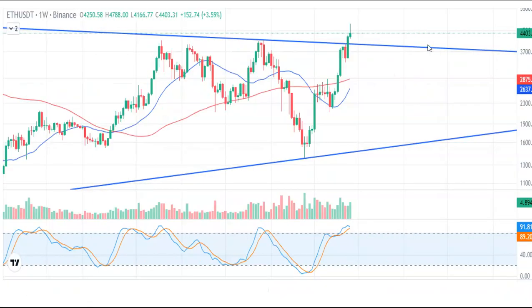This is bullish. This is the weekly chart for Ethereum. I'm recording this video on Saturday, so I believe we still have Sunday. Probably this candle may change a little bit, but anyway, there was some kind of inside bar within a rising trend, and it has crossed over the two moving averages.